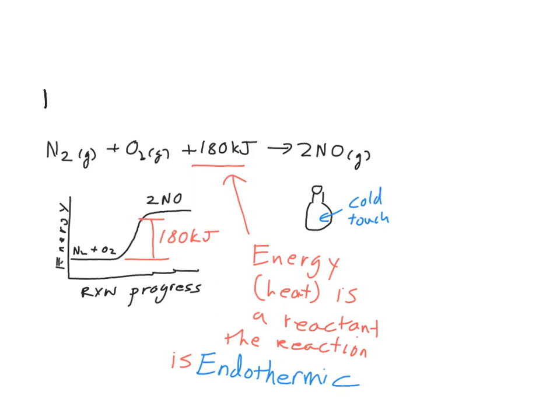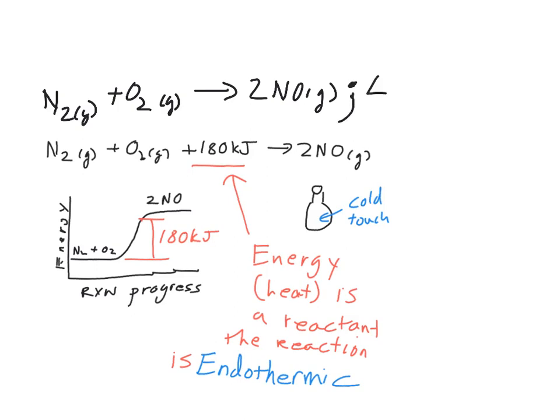If you're a pChemist, however, you're going to use that delta H notation that we saw previously. You write your chemical reaction, then you put that semicolon in again, then you write your delta H. Even though energy is a reactant, we don't write it on the reactant side, you write it here after the semicolon, but we write it with a positive sign to show that we're adding energy.